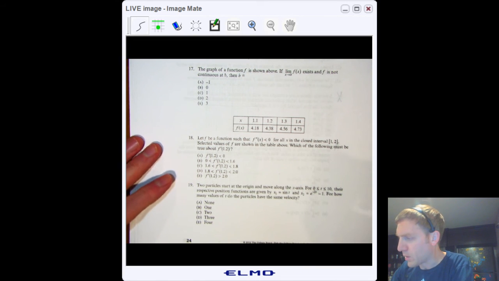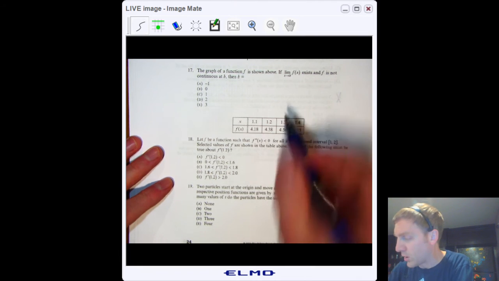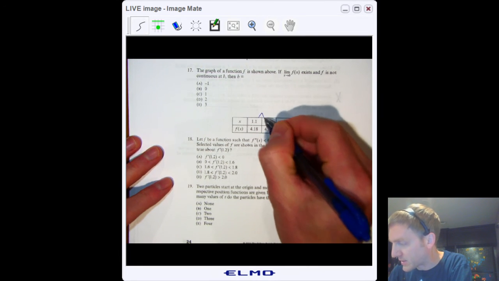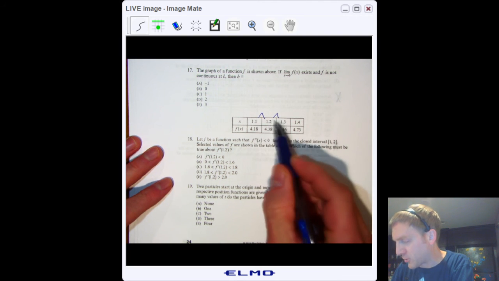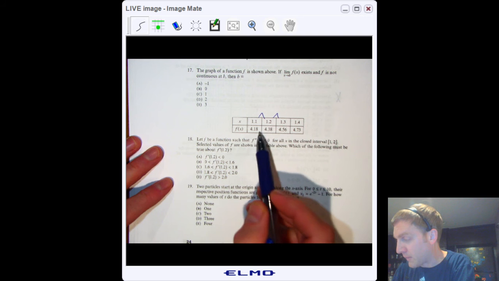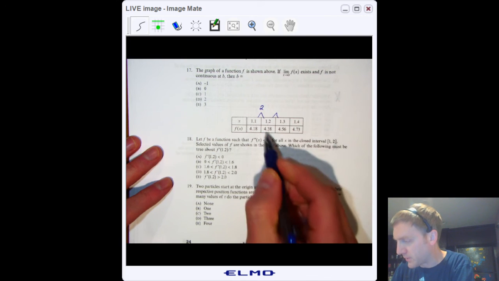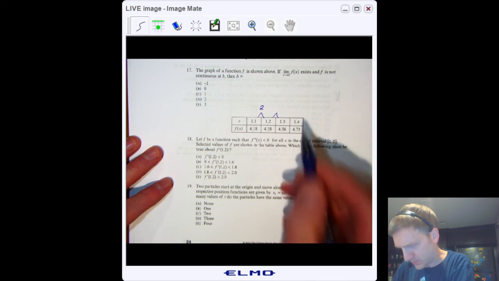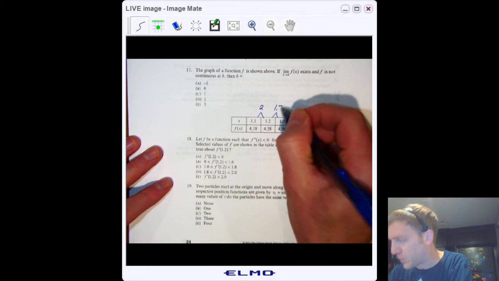Here's what we want to do. We can always approximate a derivative by using a slope. So let's take the slope to the left of 1.2 and the slope to the right of 1.2. Change in y over change in x between 1.1 and 1.2, you would get 2. Do the same thing to the right, between 1.2 and 1.3, you get 1.7.